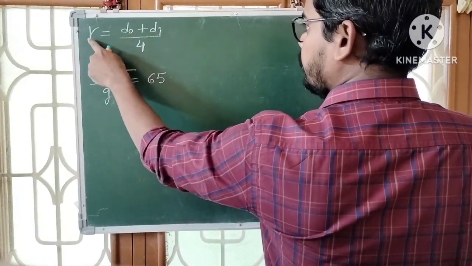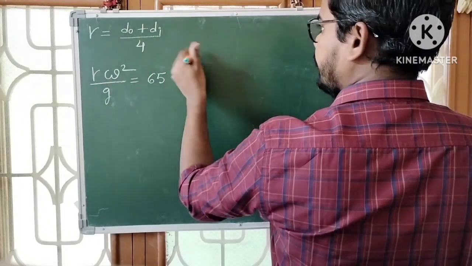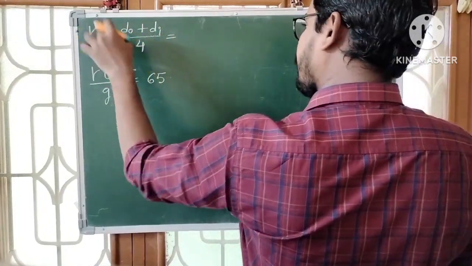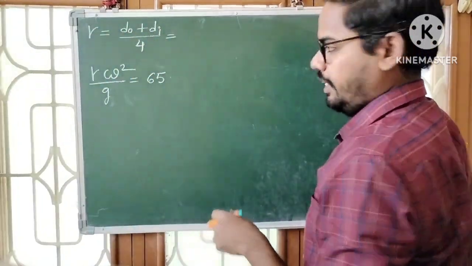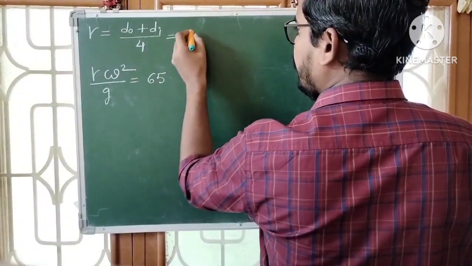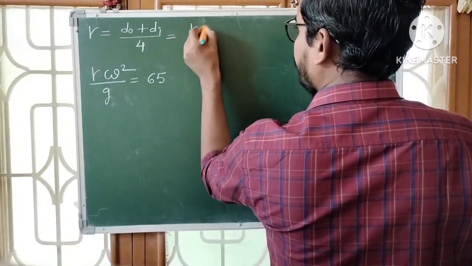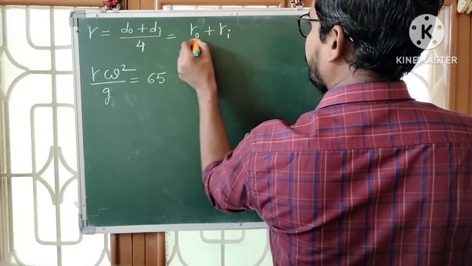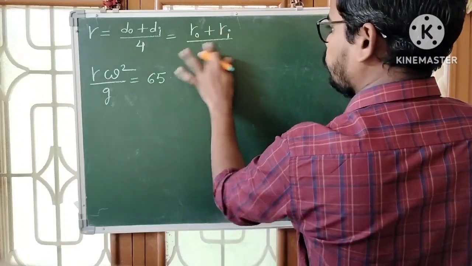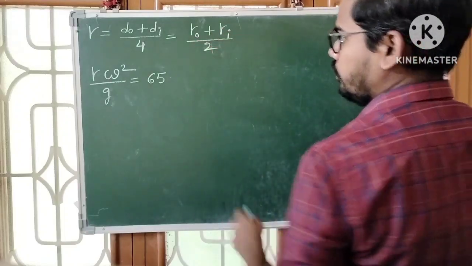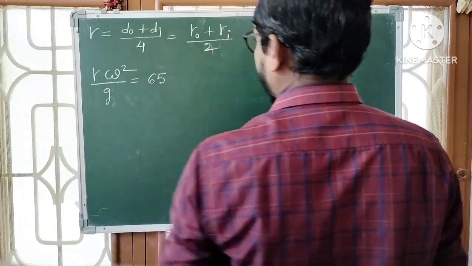Next, mean radius in terms of radii: R is equal to R naught plus Ri by 2, not 4, 2. We can use either this formula or this formula.